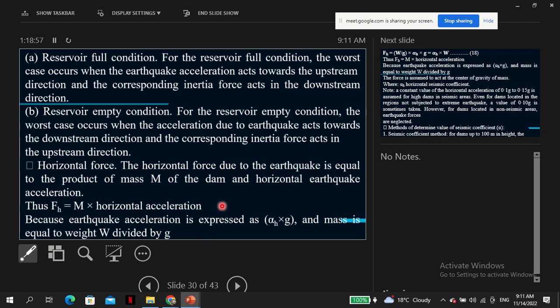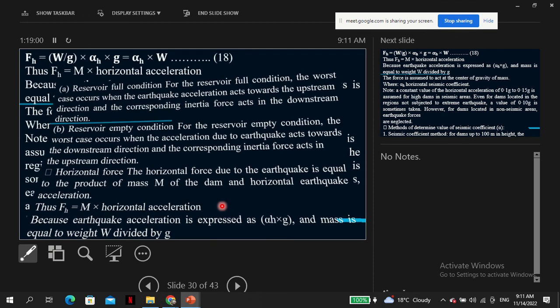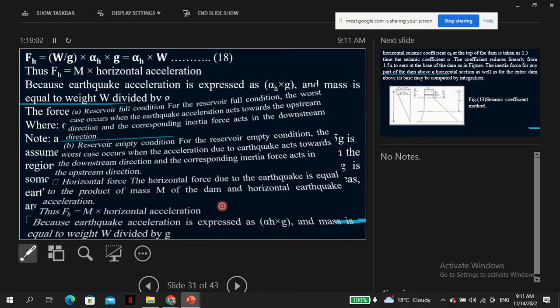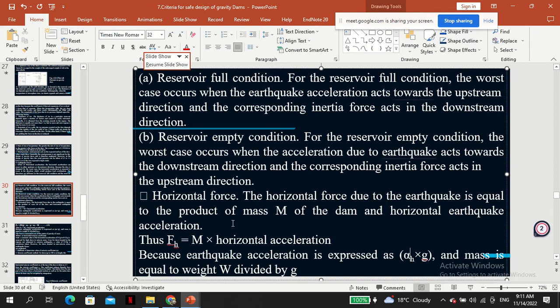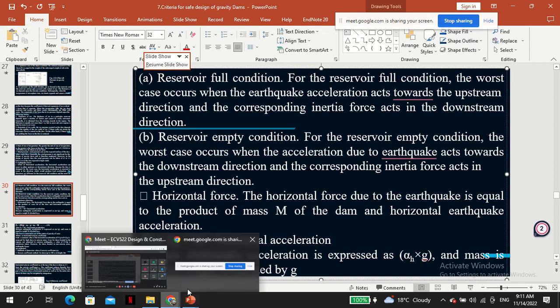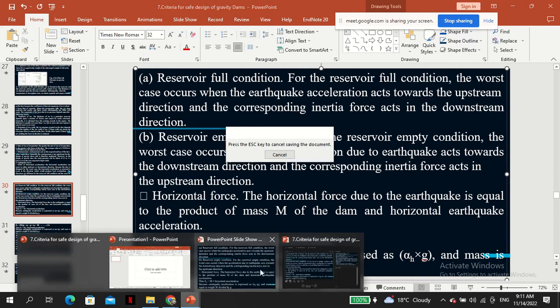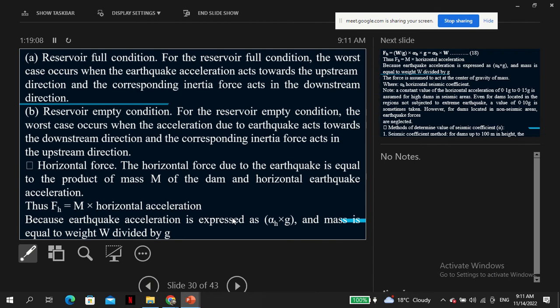But in many cases we are only concerned with the horizontal acceleration case.